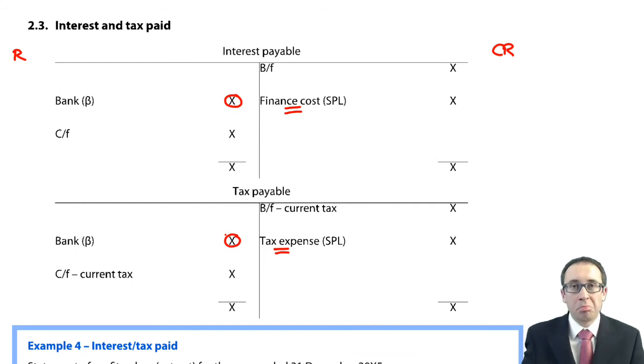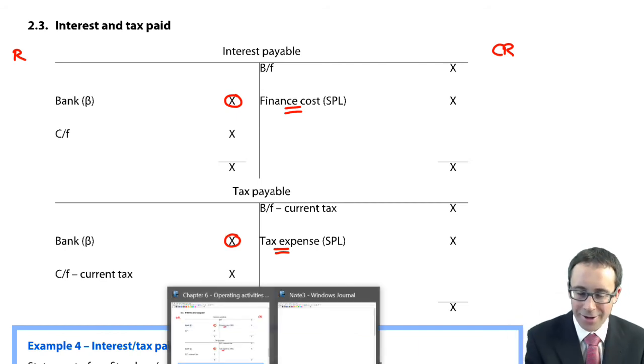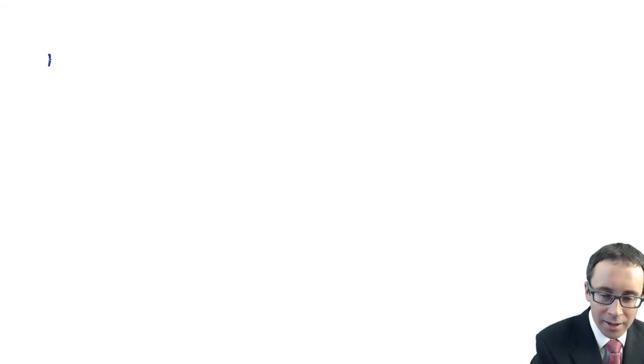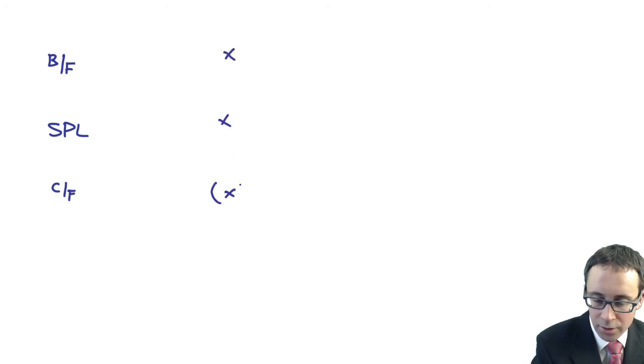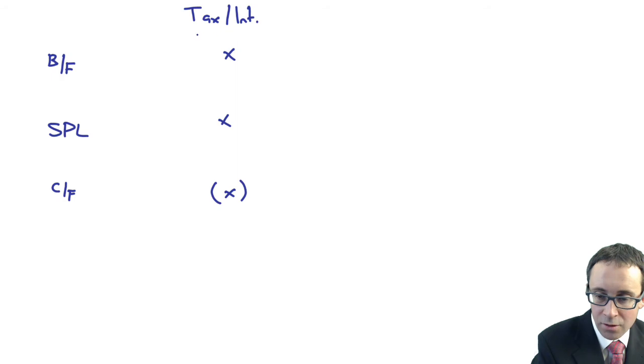Okay. What's difficult about T accounts? Nothing. Chris, they're impossible. What you could do alternatively, if you don't like T accounts, like we saw earlier, you could go through there, take your brought forward with your statement of profit or loss and your carry forward figure. So here, the profit or loss figure will be for your tax or your interest expense.